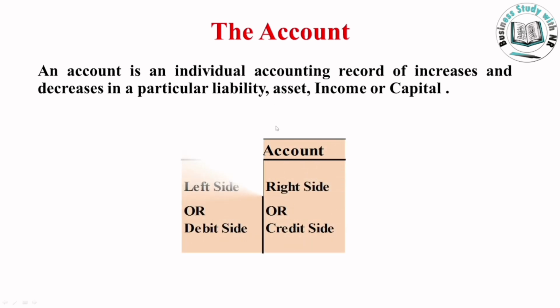An account is T shaped, that is why it is also called a T account. It is just like you divide a paper into two parts. The left side is called the debit side and the right side is called the credit side. And here is the title of the account. Let's suppose you have a cash account. The left side is called debit and the right side is called credit.